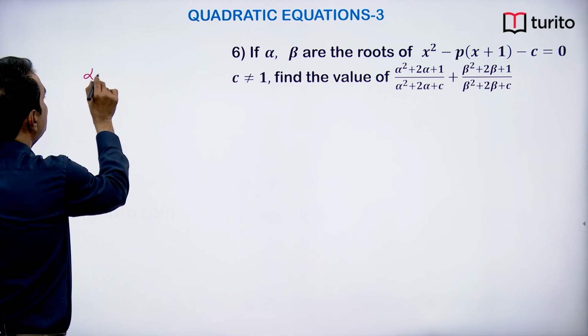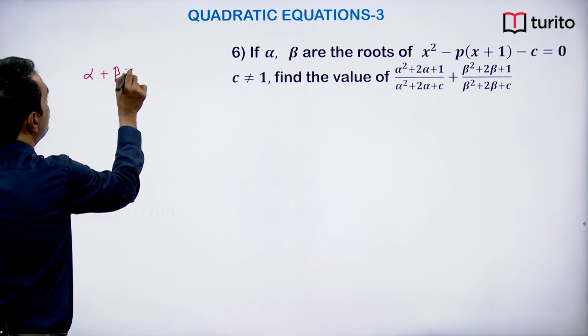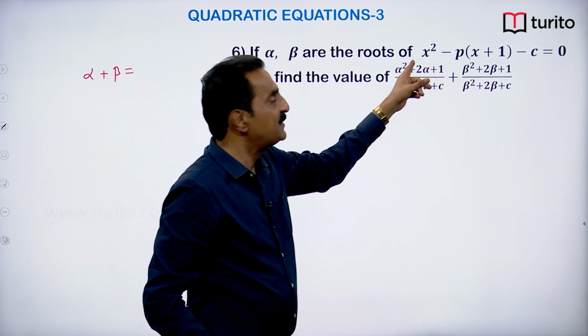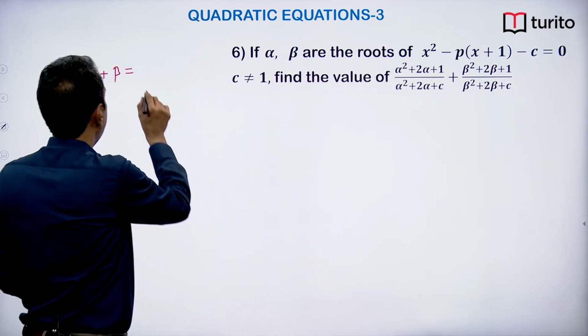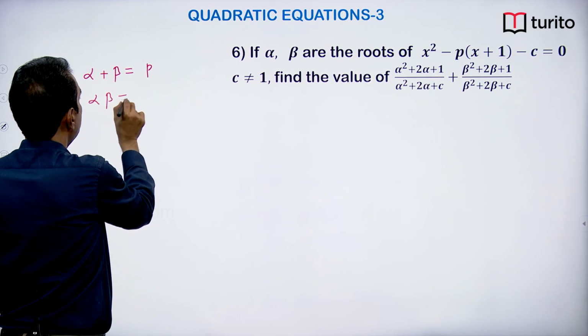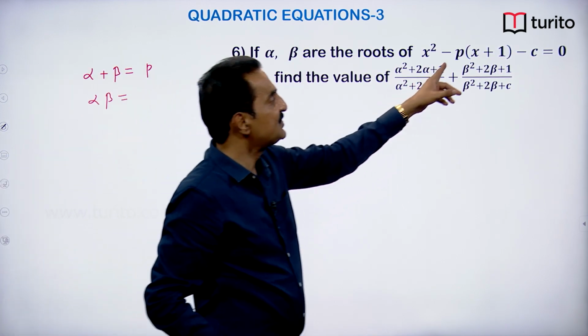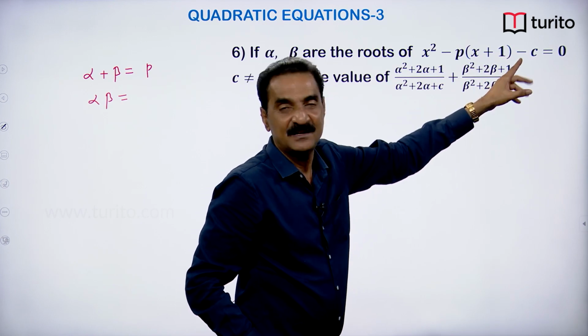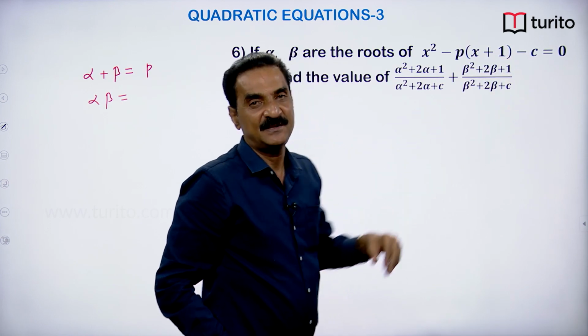Alpha plus beta is equal to, what is the sum of the roots? Minus of minus p by 1, p by 1, p. Alpha beta is equal to, what is the constant term? Minus of p plus c.